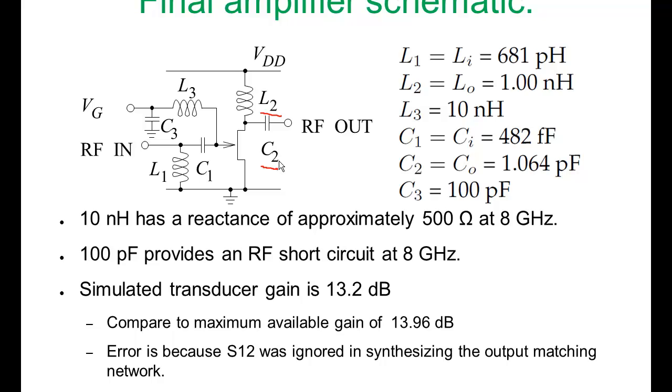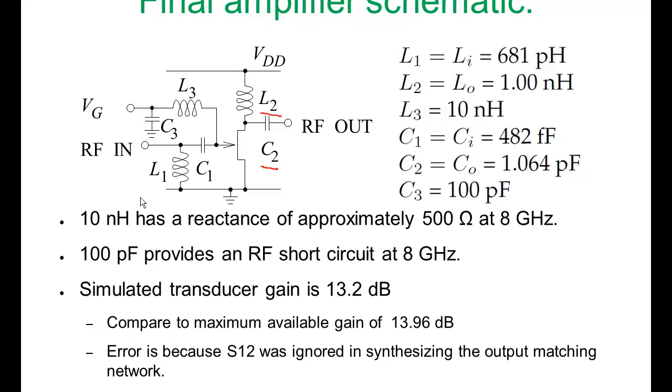It went from the output active device to ground, but VDD is effectively RF ground anyway. And so lo and behold, as far as the output network is concerned, we're able to incorporate the bias network in with the matching network. And so L2 is 1 nanohenry. It does not need to be a large RF choke inductance value.